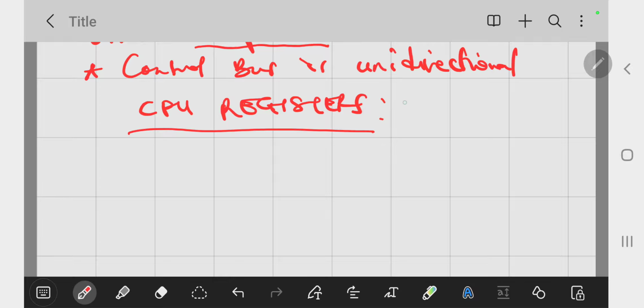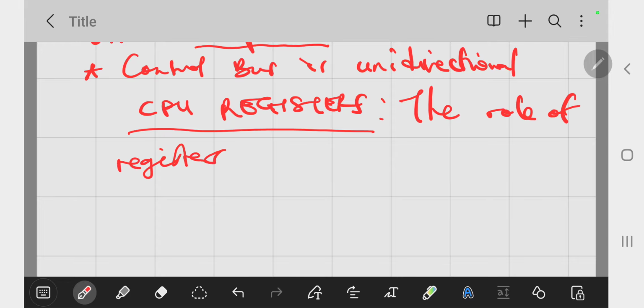So the main role of registers is simple. As the CPU is running arithmetic operations using the ALU, registers store temporal chunks of data. In other words, registers are more like storage locations in the CPU.